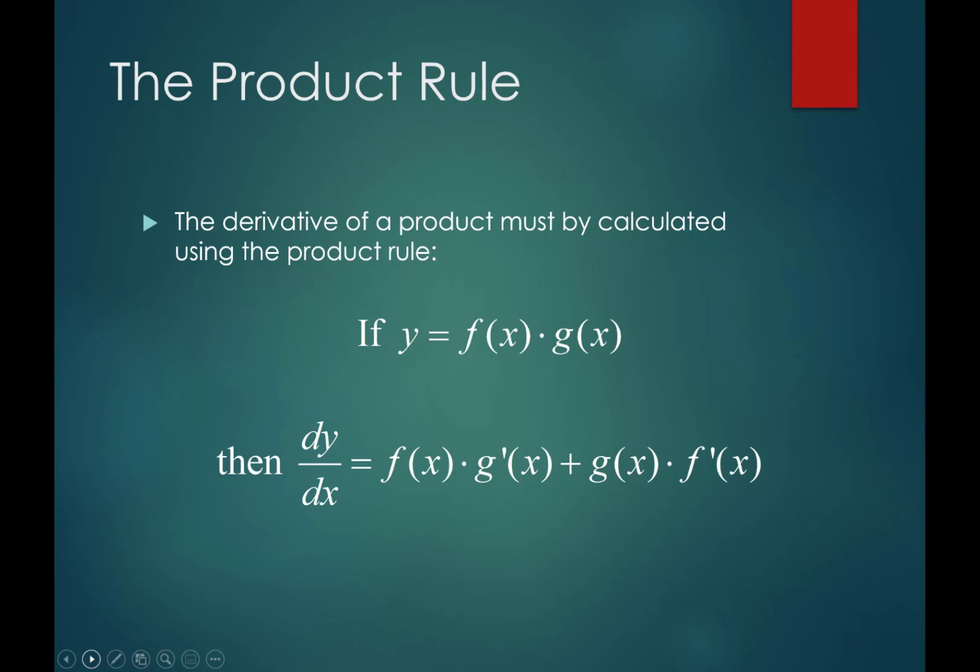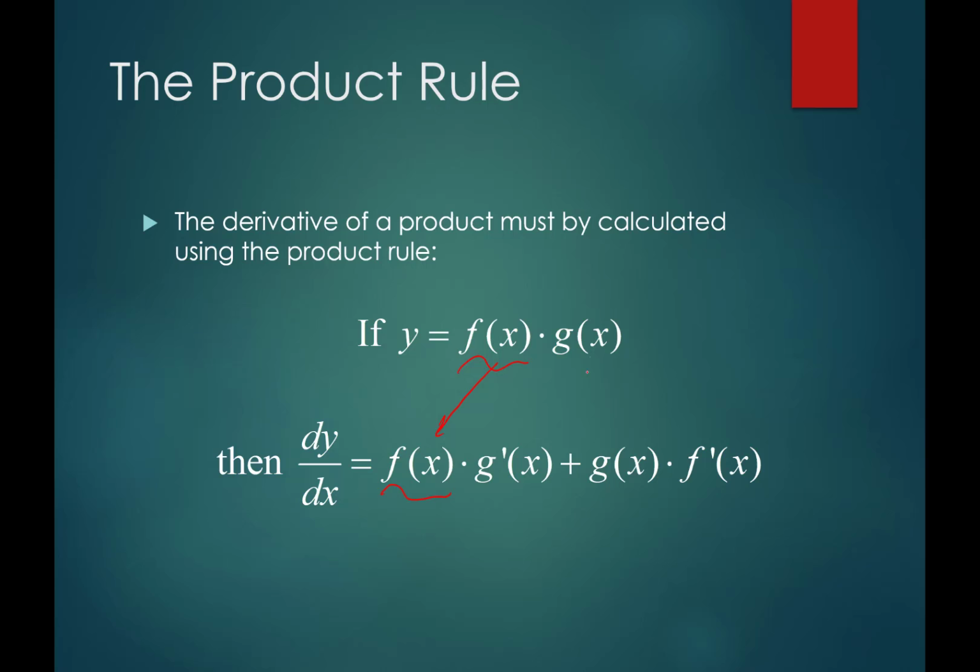Now let's slow it down and try to make sure that we understand this rule. What is this rule saying? This rule is saying that if I have the product of f of x times g of x, to differentiate something looking like this, I'm going to write f of x, which is the function given first.